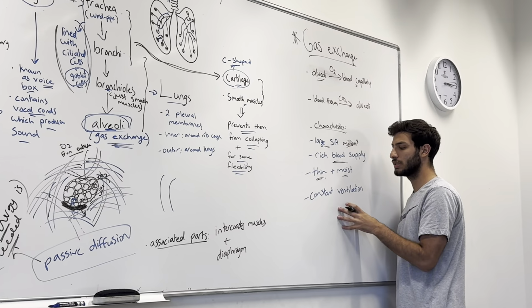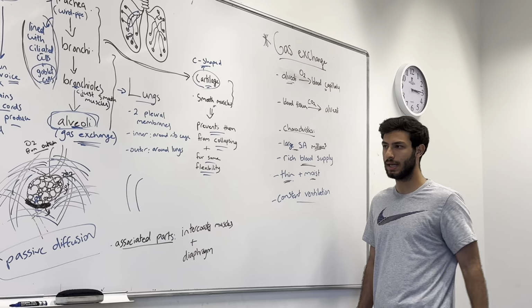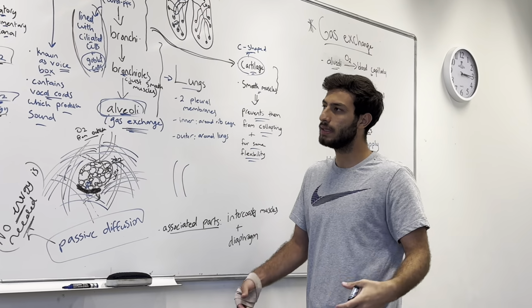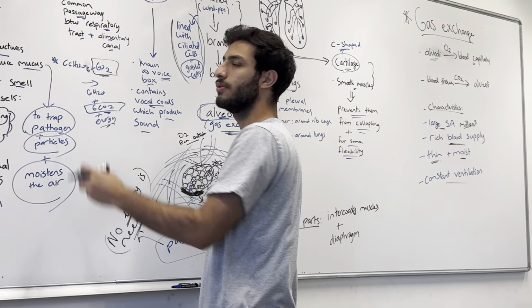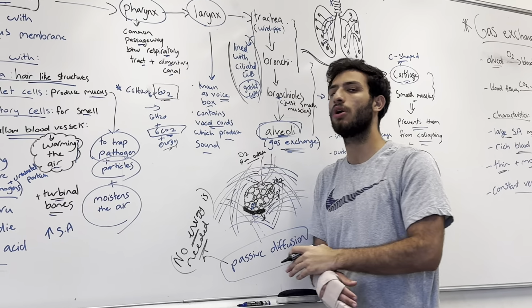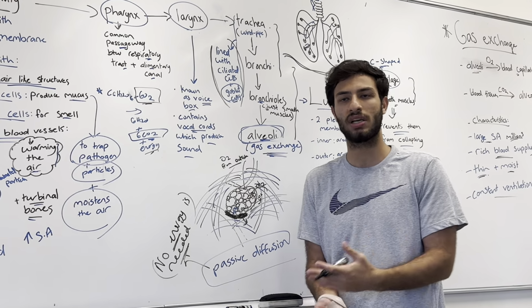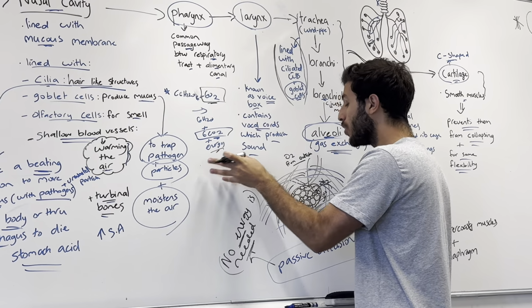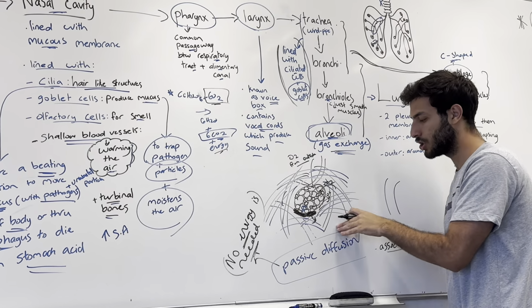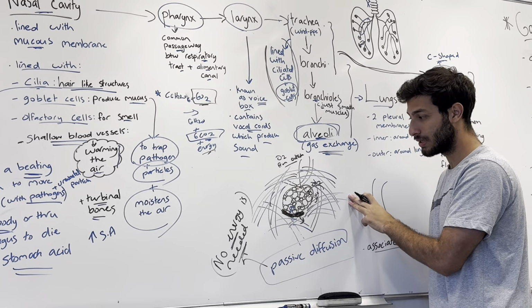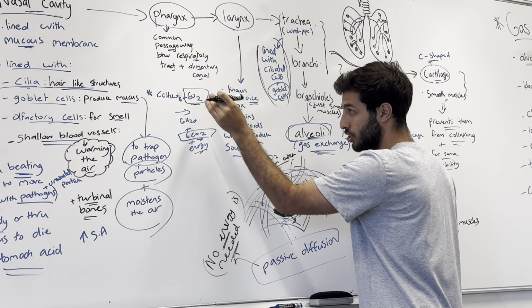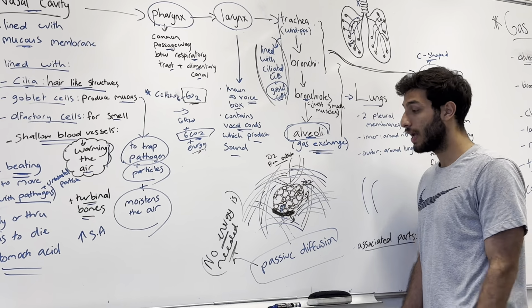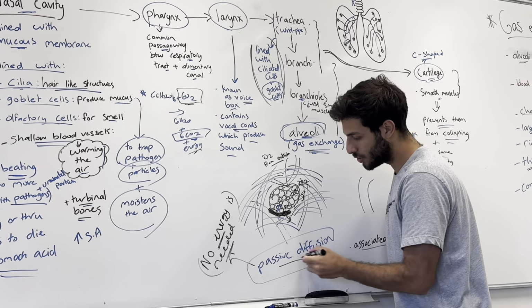And we also have constant ventilation. Now, what does constant ventilation mean? Our body and our cells are always performing cellular respiration for energy. We need energy for most of the reactions that happen in our body. So this process is always occurring. So we're always going to have a high concentration of CO2 in our blood vessels, and we're always going to have a high concentration of oxygen in our alveoli. And we said the gas exchange process is what?